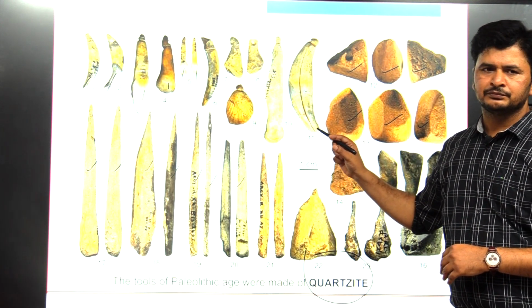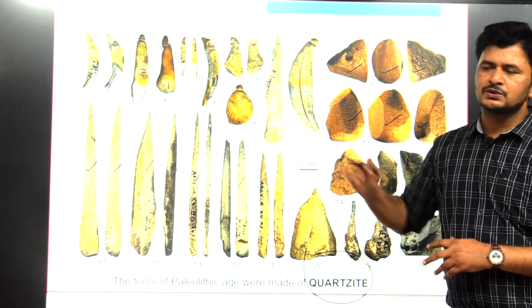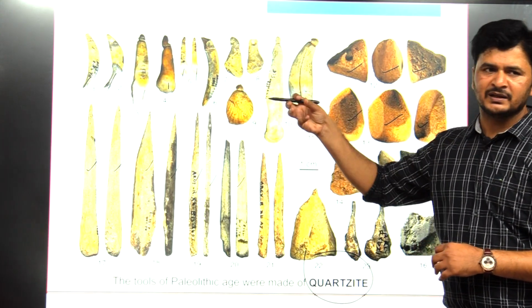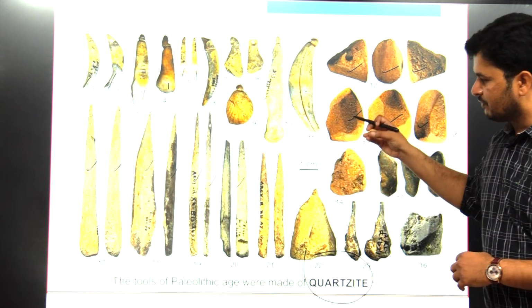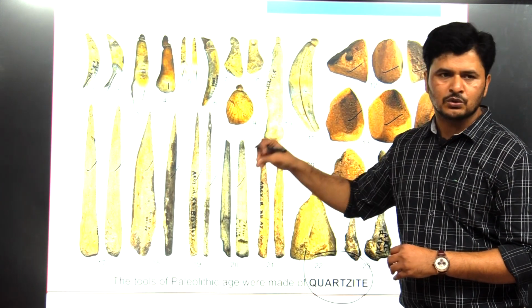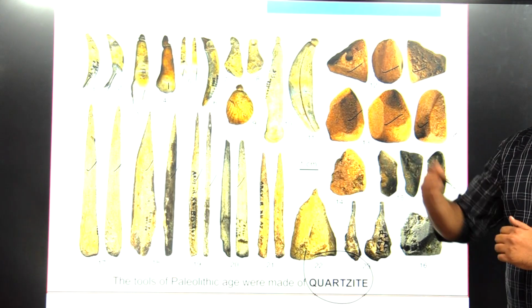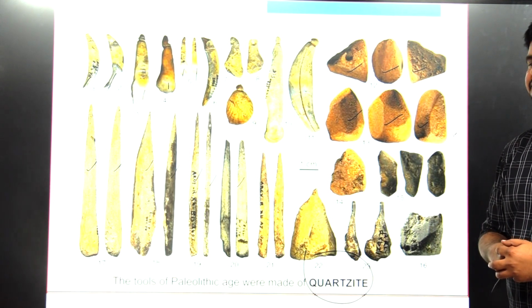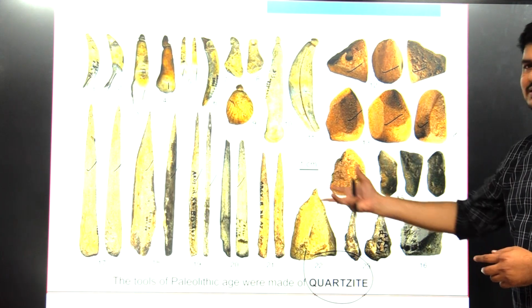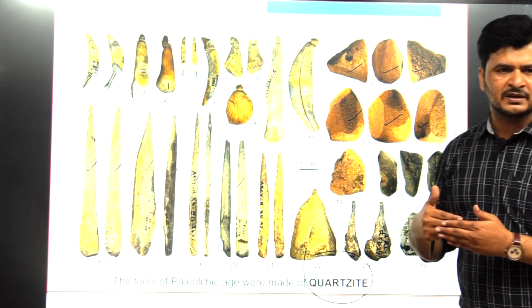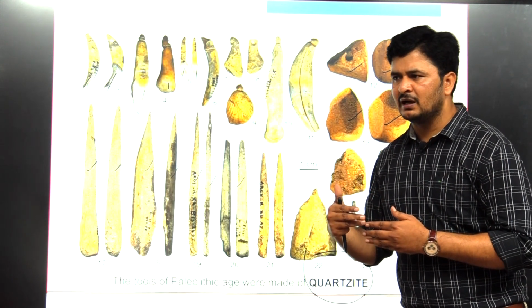Paleolithic stone tools. Mesolithic, no doubt, tools smaller in size, sharper in nature. When it comes to Neolithic, no doubt stones, besides stones, they also used bones. The tools made of bones, obviously from wild animals, which indicates further technological advancement.